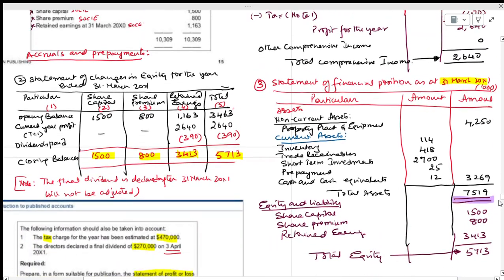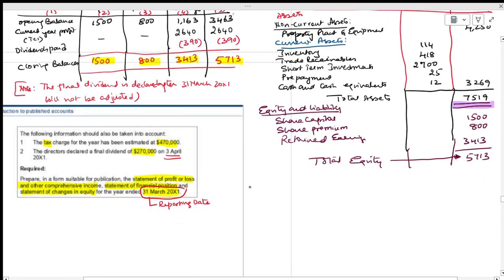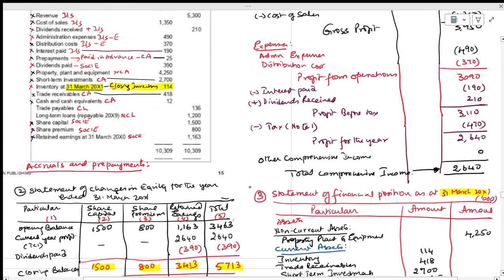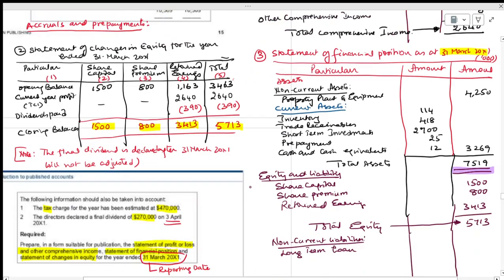Next, non-current liability. There is a loan, long-term loans. Is it right? Yeah. Non-current liabilities. How much is there? 1,200.